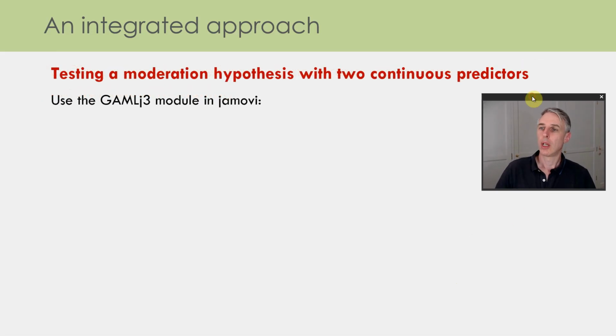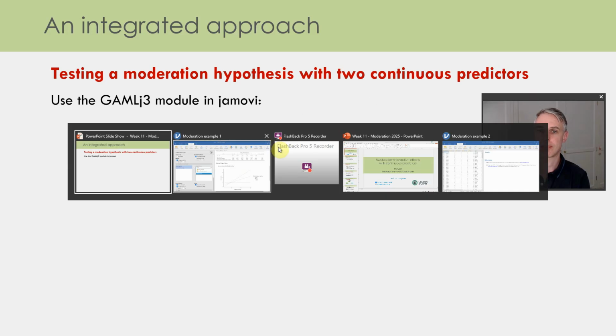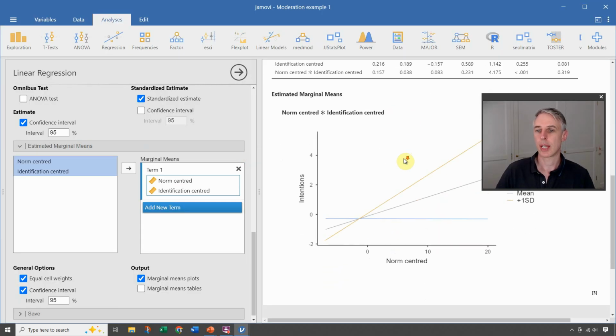So what I'm going to do is run that model again, testing that exact same interaction or moderation hypothesis, but this time not using regression, but rather the GAMLJ module, which I used for running between-participants ANOVA analyses and mixed models. So I'm just going to jump back to that. Here's our data.